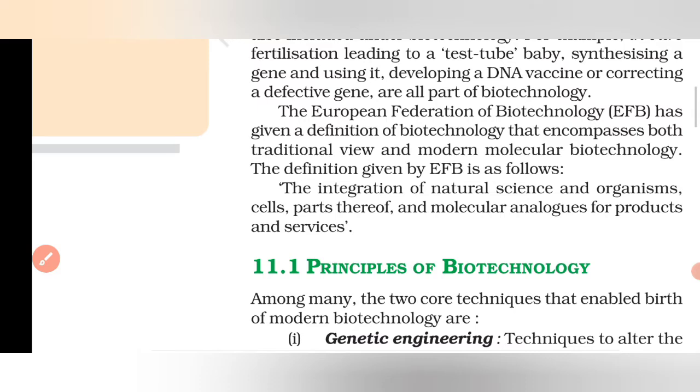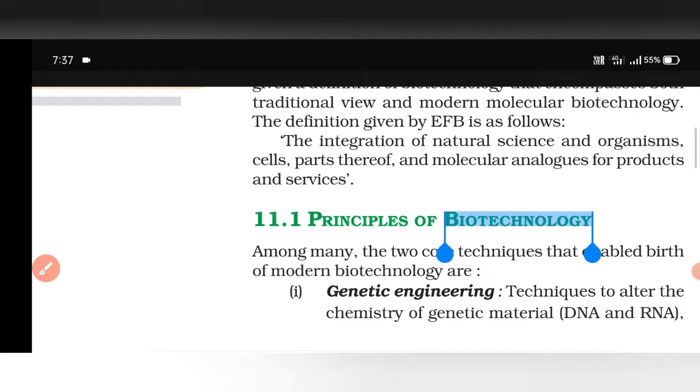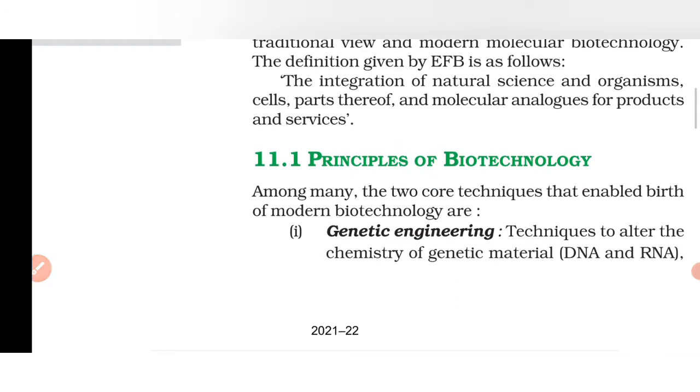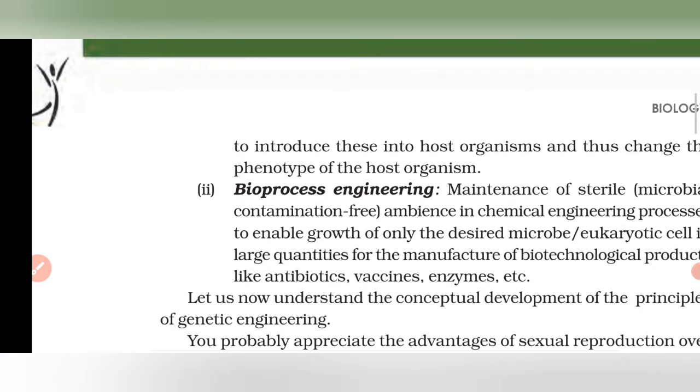Now we'll go to the next part, that is the principles of biotechnology. Among many, the two core techniques that enable the birth of modern biotechnology are genetic engineering and bioprocess engineering.